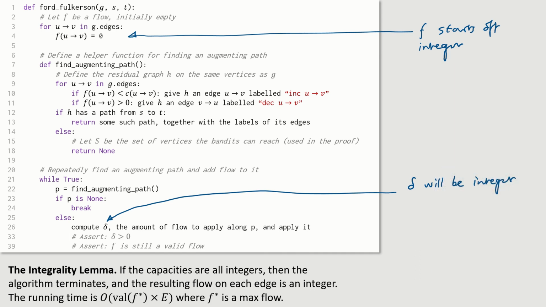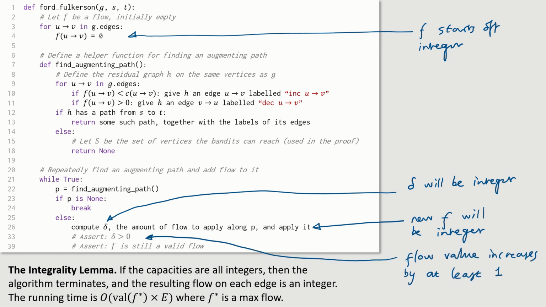Since capacities are integer, and since the flow we've got so far is integer, then the residual capacity on each of the edges will also be an integer. And so delta, the smallest residual amount among all the edges on the augmenting path, will also be an integer. And hence the new flow values on each edge after the update will still be integer.